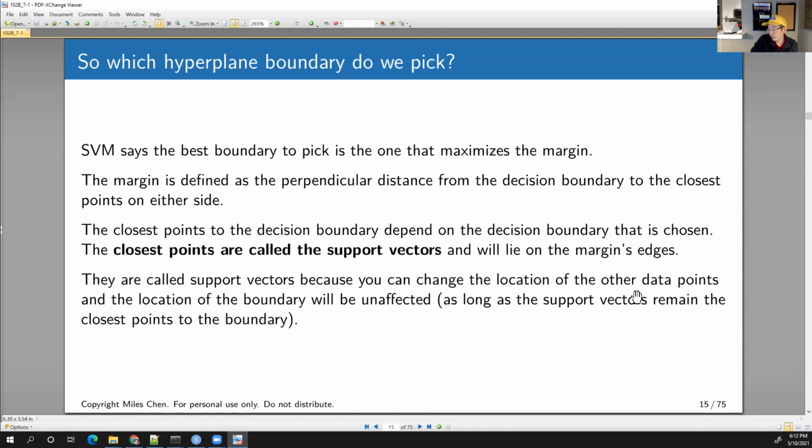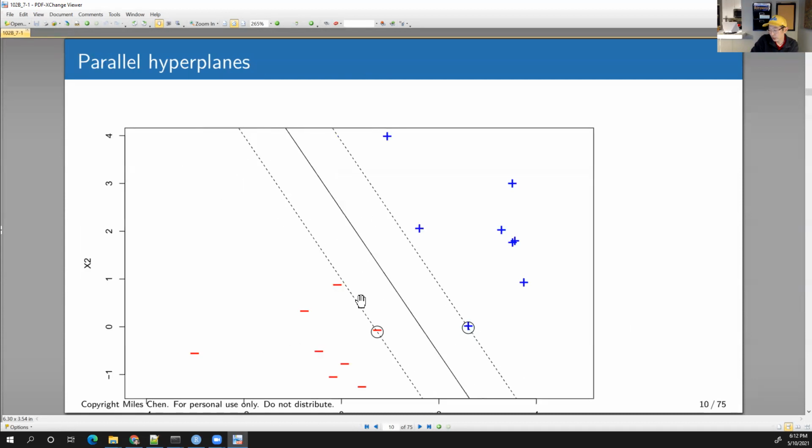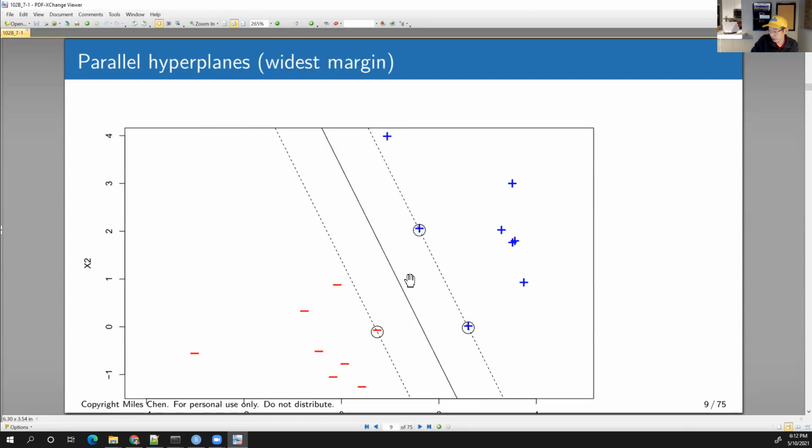So you can change the location of the other data points, and the location of the boundary will be unaffected as long as the support vectors remain the closest points to the boundary. As long as you don't put any point closer to the boundary than these 3 points, this will be the boundary.